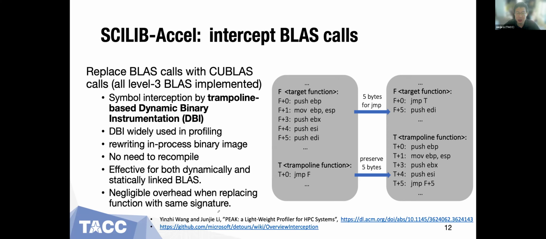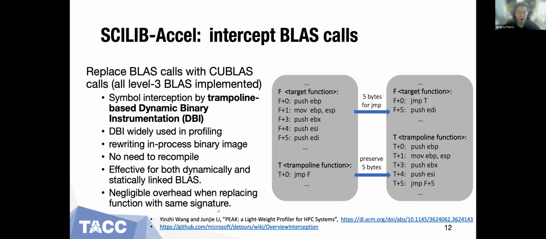The overhead is going to be negligible because all we do is insert a few jump instructions, and that's a really tiny, unnoticeable overhead. This is because we're replacing a function with another function wrapper that has exactly the same function signature.